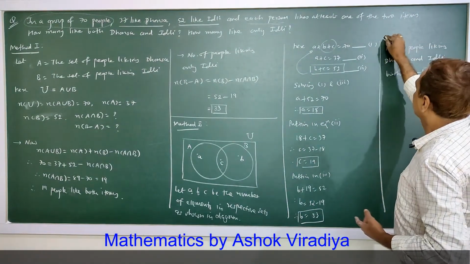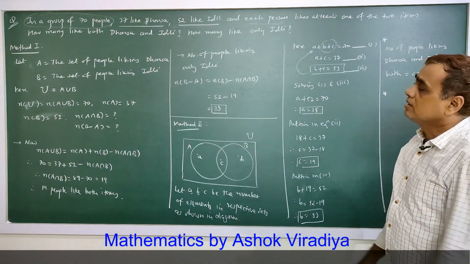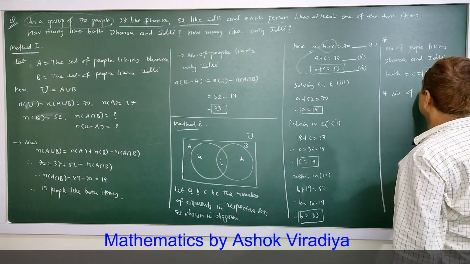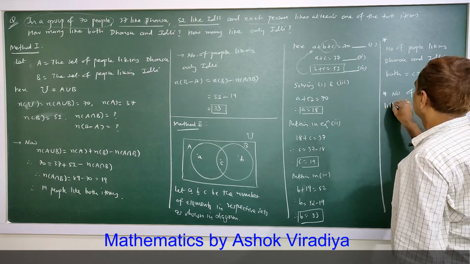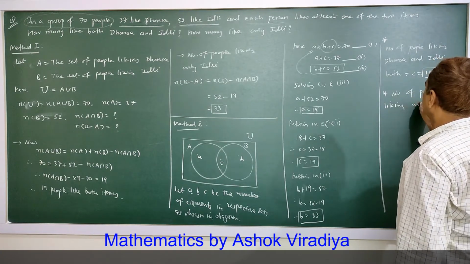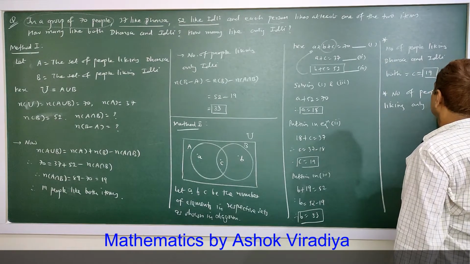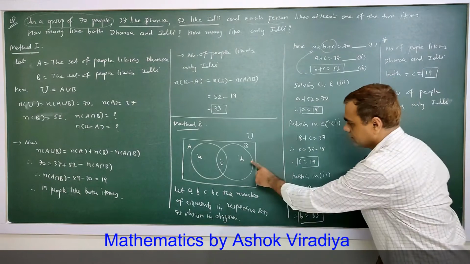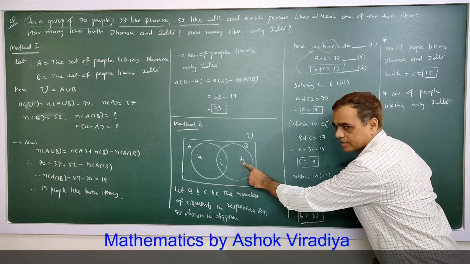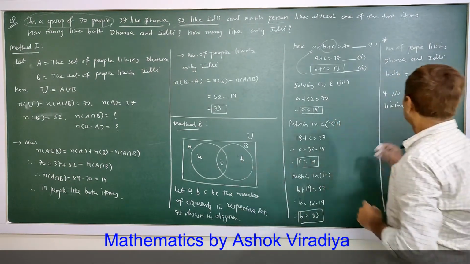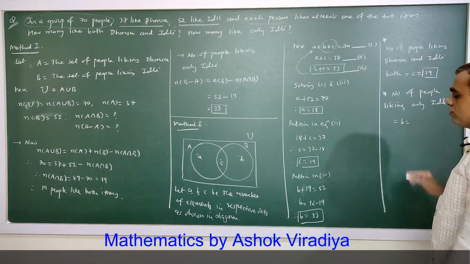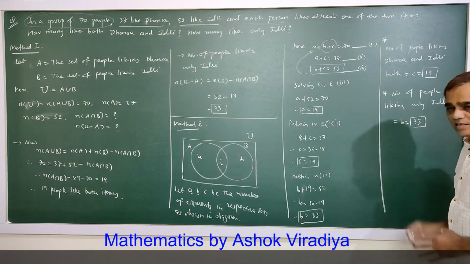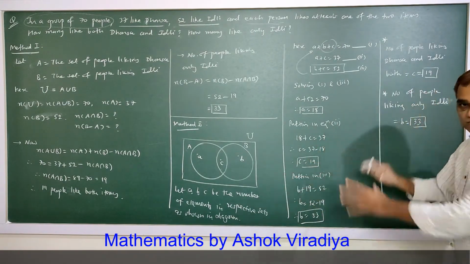The second question was the number of people liking only idli. Only idli is B, so the value of B is 33. So 33 people like only idli. So this was method 2.